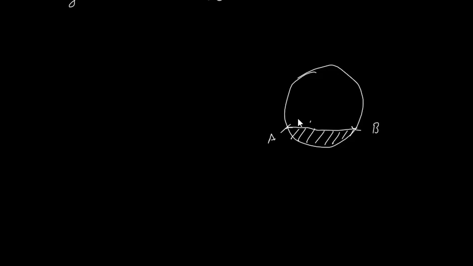Okay, so what is segment? In short we write SEG. Full form is segment of circle. So when I join endpoints of the chord, when I take the area between chord and arc, I get segment. So segment is the area between chord and arc.